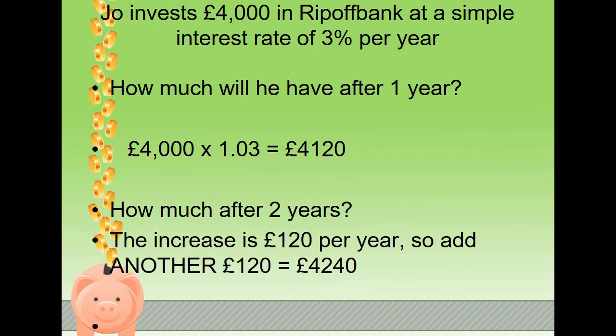So we can see that it's gone up from 4,000 to 4,120. It's gone up by £120. So the amount that's increasing is £120 per year. And with simple interest, it would be £120 every year. So it would stay the same. Okay. So year 2, you'd add on another 120, and then year 3, you'd add 120 onto that, and so on.